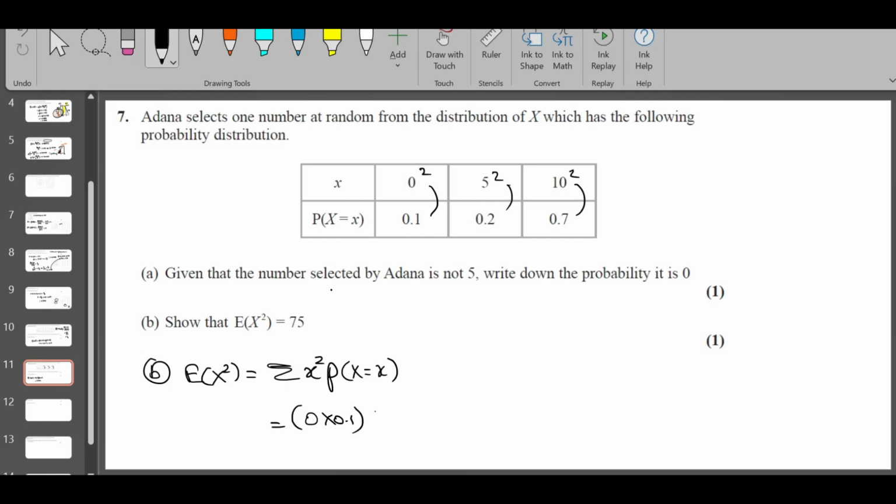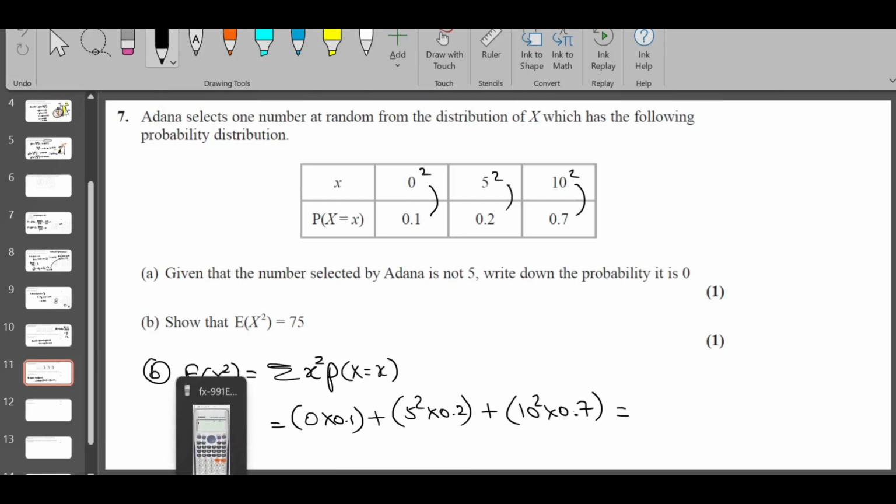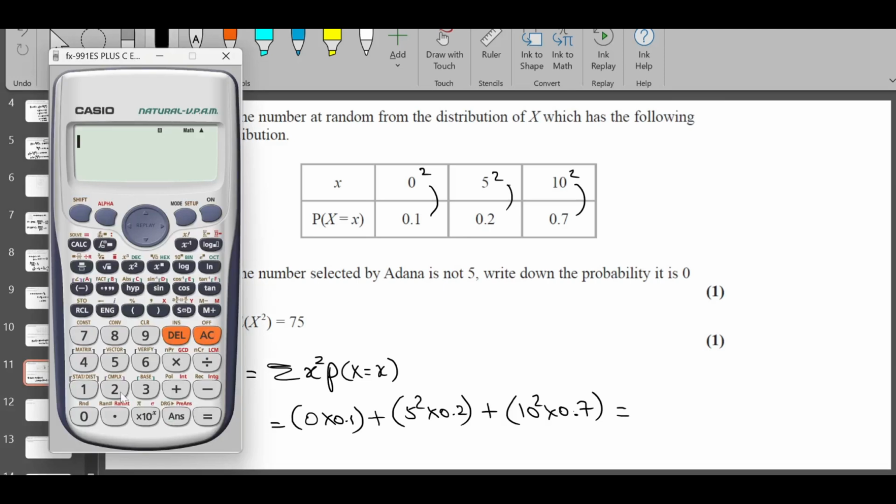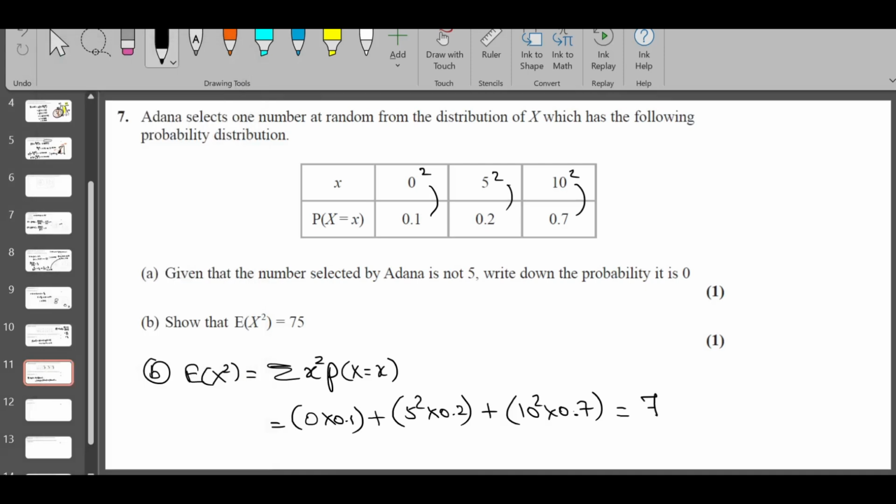That's going to be 0 anyway. 5 squared times 0.2. 10 squared times 0.7. Definitely you will get 75. 5 squared is 25 times 0.2 plus 10 squared times 0.7. 75 is the answer. That's all.